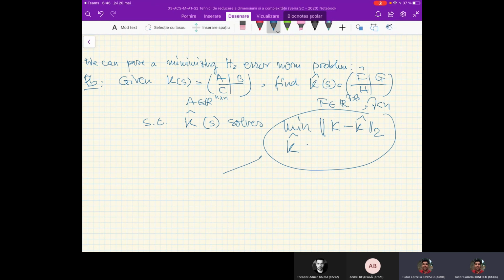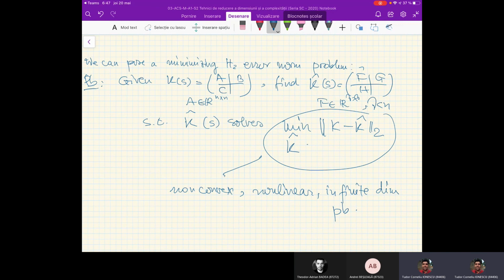Note that this is a non-convex, non-linear, infinite dimensional problem.